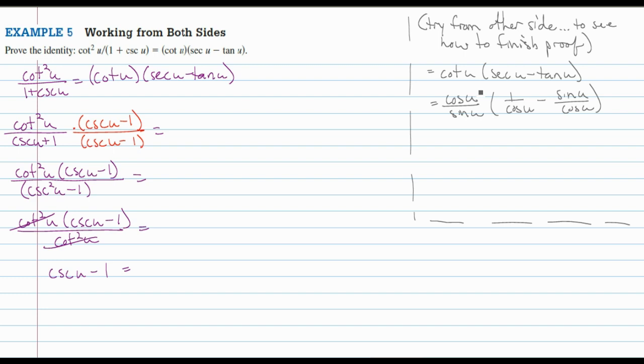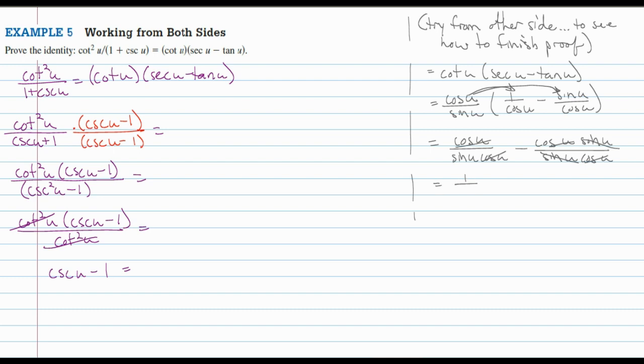Now, if I distribute this in, let's see, I would get cosine of u, so I'm distributing in here to each term, cosine of u over sine of u cosine of u minus cosine of u sine of u all over sine of u cosine of u.